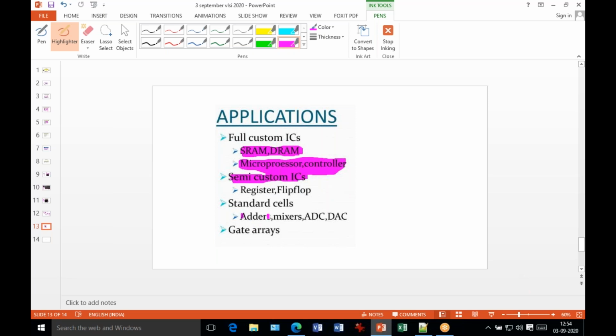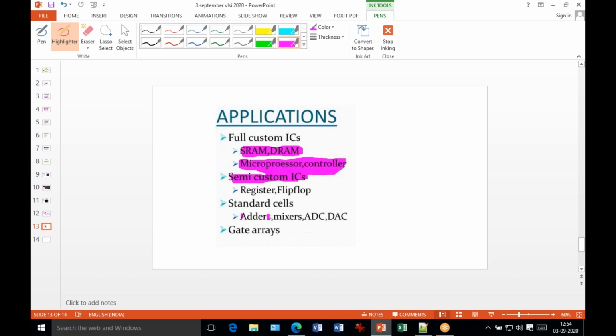Okay, some more applications: adders. So many varieties of adder, ripple carry adder and carry save adder.